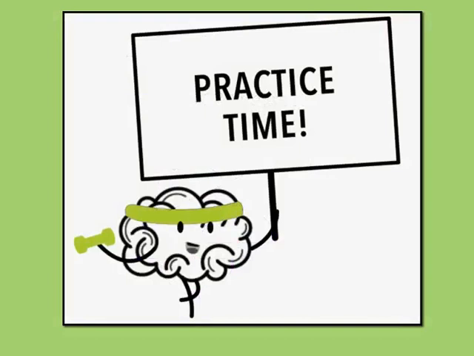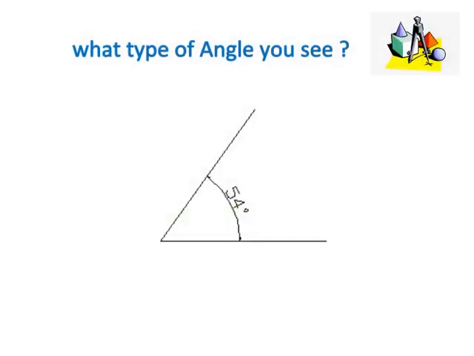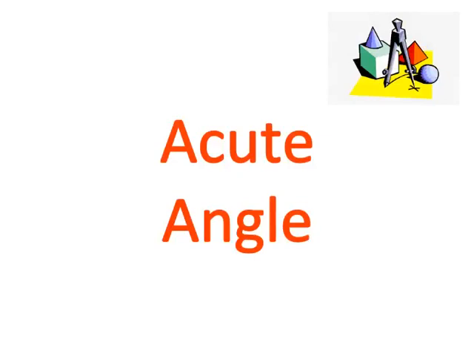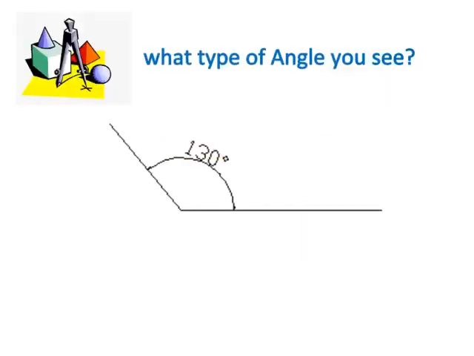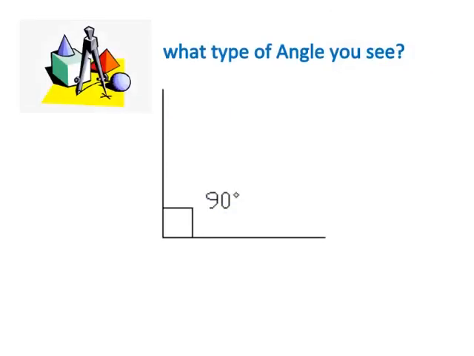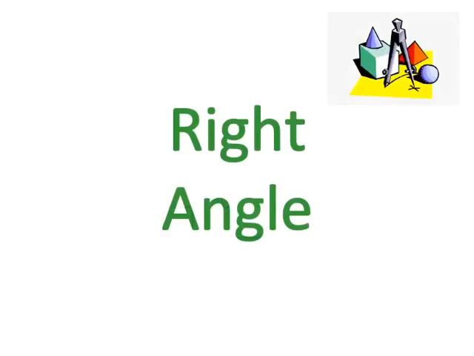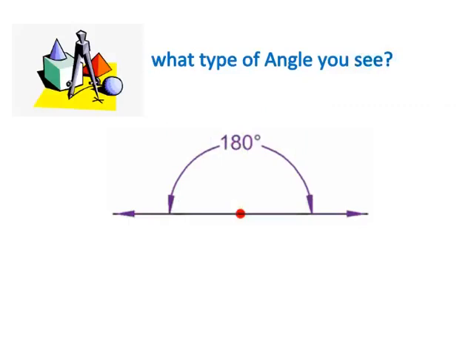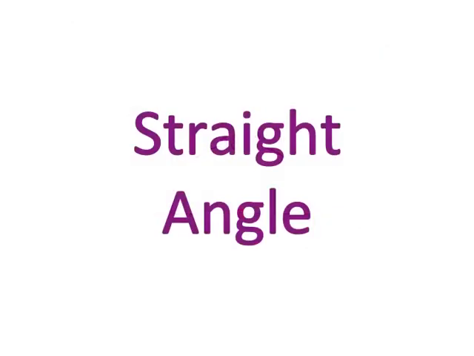Practice time. What type of angle do you see? Acute angle. What type of angle do you see? Obtuse angle. What type of angle do you see? Right angle. What type of angle do you see? Straight angle. Great job!